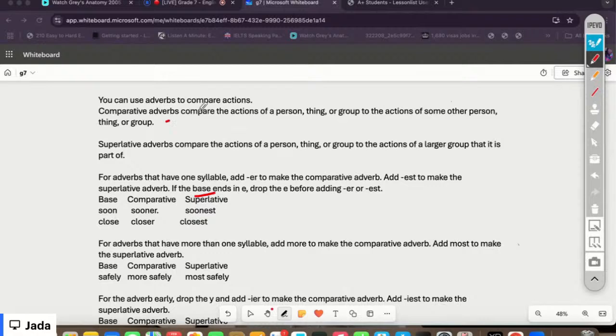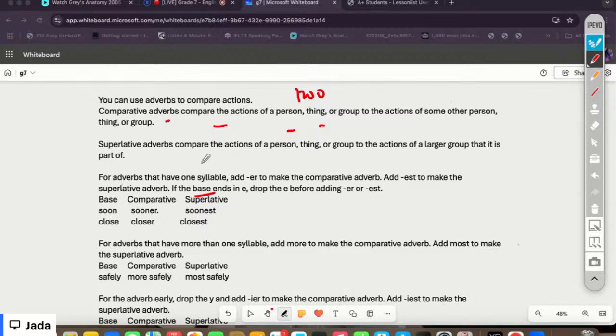Comparative adverbs compare the action of a person, thing, or group to the actions of some other person, thing, or group. So it's like comparing between one and another, just two. And then the superlative adverb compares the action of a person, thing, or group to the action of a larger group. So this one's comparing more than two, three, four, a lot.